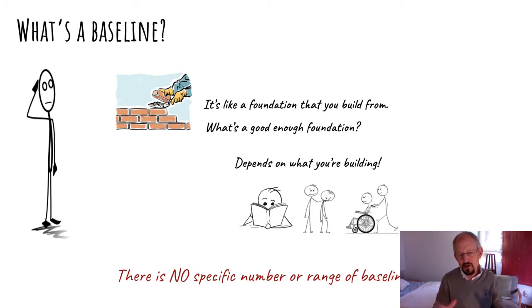So the key thing that I want to start us off with is that there is no specific number or range of baseline samples that defines what's a sufficient or good enough baseline. You'll often see written in documents having to do with IEPs and baselines that you should collect something like 6 to 8 samples. Well, that number just doesn't make any sense because it really does depend on what we're looking for.